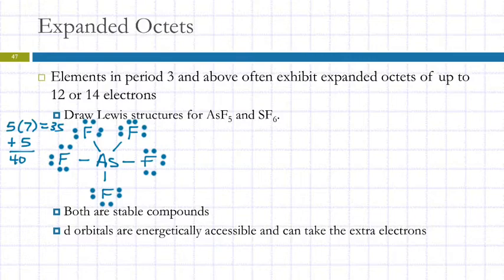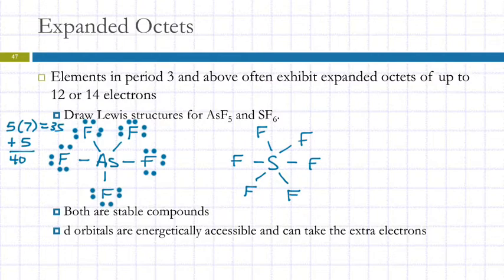So let's look at sulfur hexafluoride. So again, things tend to be symmetrical, and more electronegative elements go on the terminal positions on the outside. So following that guideline, we'll put the fluorines around the sulfur. We've got 6 fluorines around the sulfur.